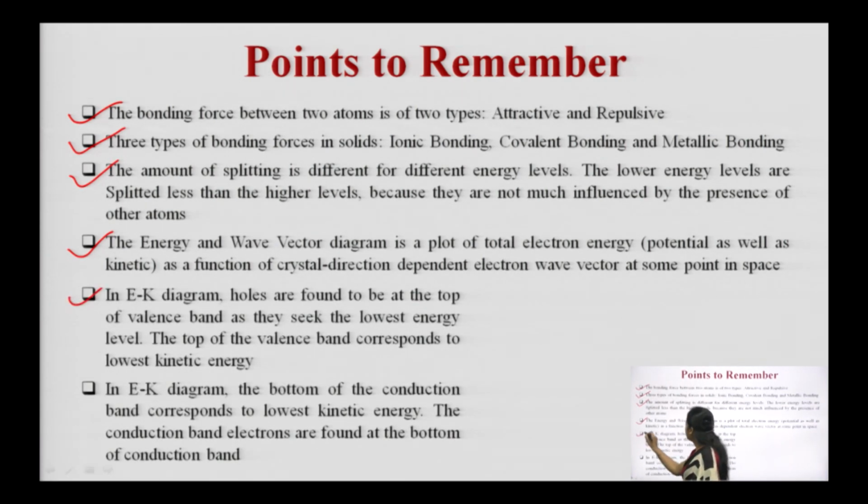In the EK diagram, you studied that holes are found at the top of the valence band, because the curve is like this. So, holes are here, electrons are at this point. Similarly, as I have told you, electrons will be available at the bottom of the conduction band, and it represents the lowest kinetic energy.